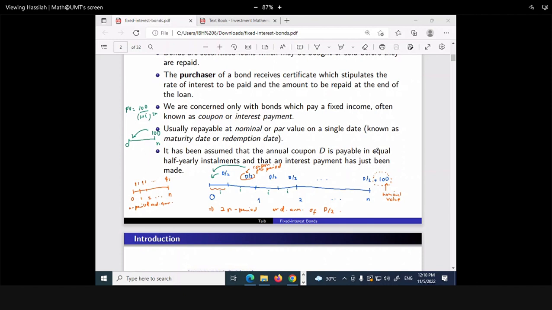Apa-apa je lah, you jawab je lah apa-apa yang you faham. Is it annuity? It's annuity. Okay, what makes an annuity? What makes an annuity? Jawablah panjang sikit.